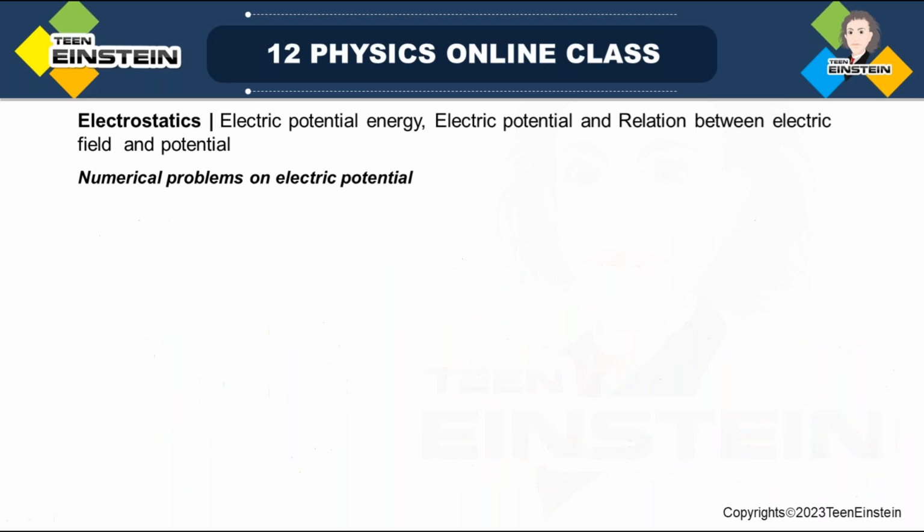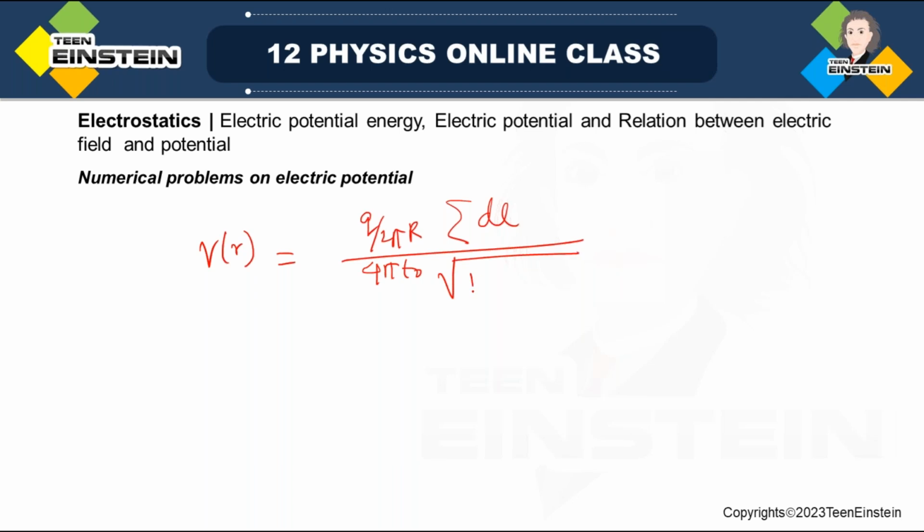I think I'll take the next page as well. So the potential at any point P on the axis will be q by 2 pi r summation over dl divided by 4 pi epsilon naught square root of x square plus r square.